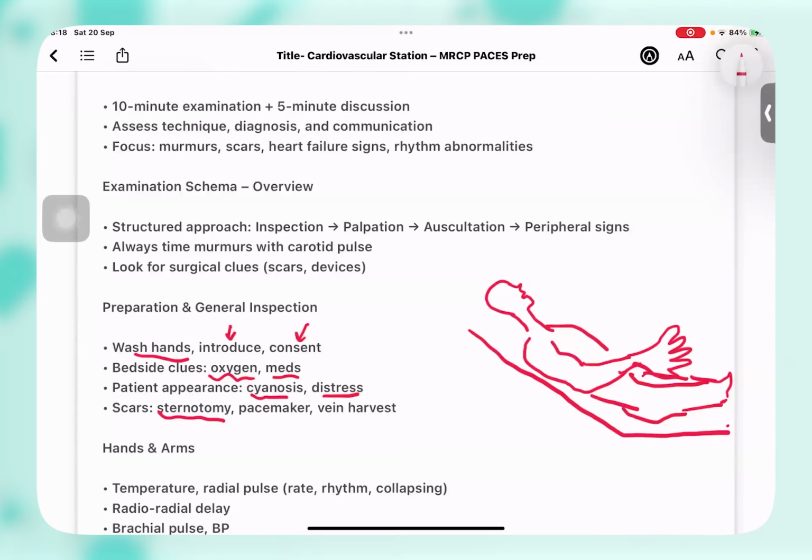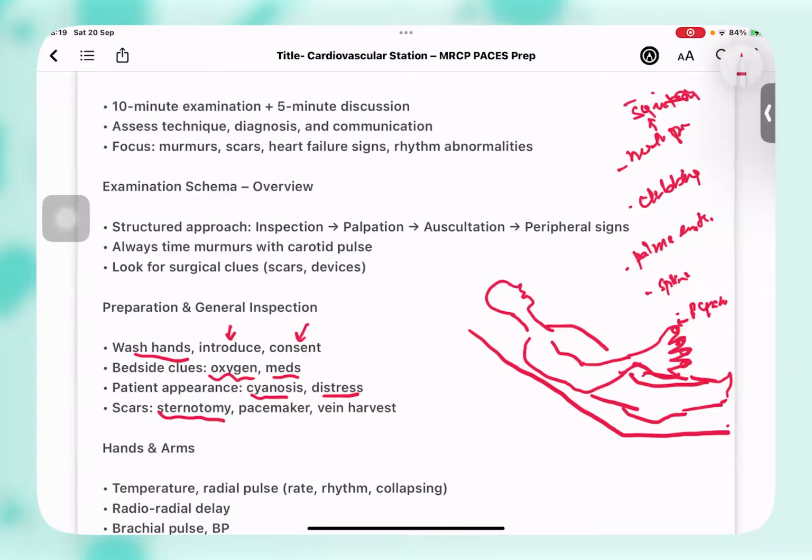You hold the hands gently in your hands and examine for any clubbing, any peripheral cyanosis, any splinter hemorrhages, any palmar erythema, and any needle prick marks, because some patients are diabetic, so there are sugar testing marks.